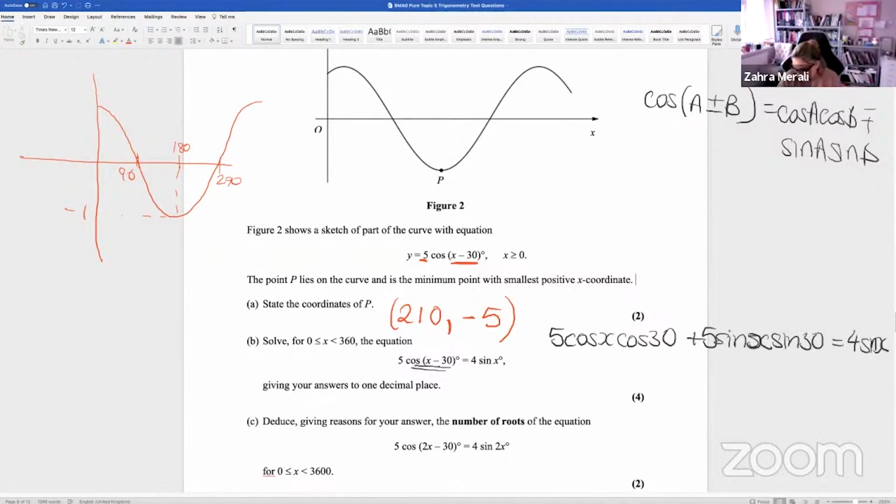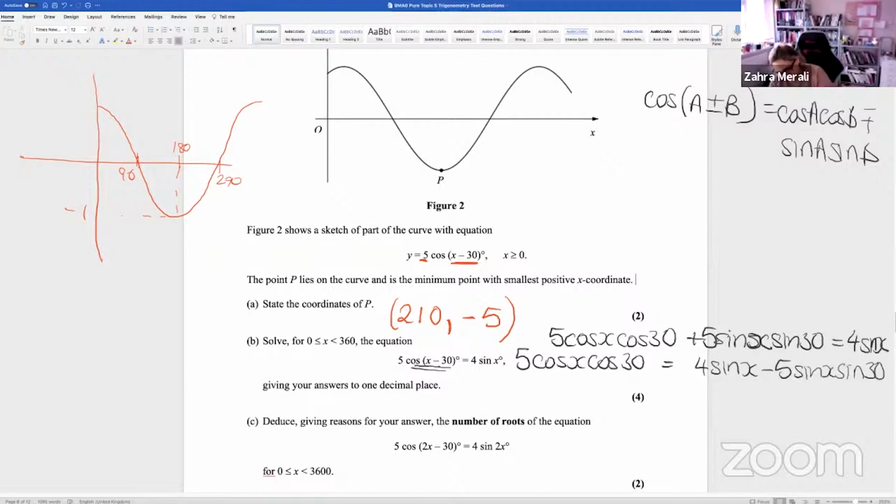So if I have a look at that, what have I got? Cos 30, okay. So what I could do is put all my coses on one side and move all my sines to the other side. So I've got 5 cos x cos 30, which is just a number, equals 4 sine x minus 5 sine x sine 30.